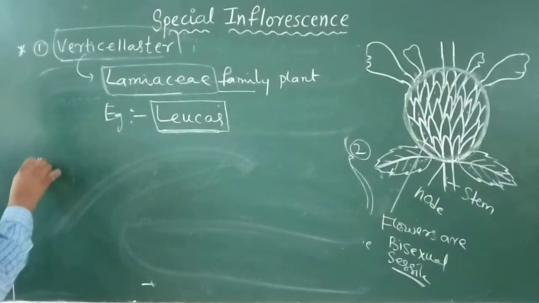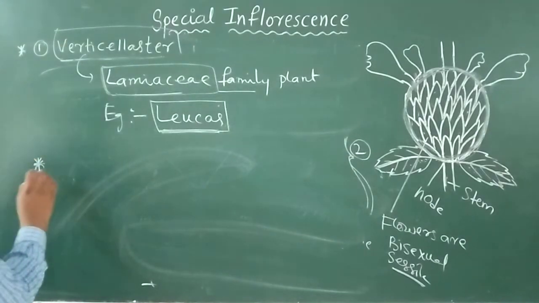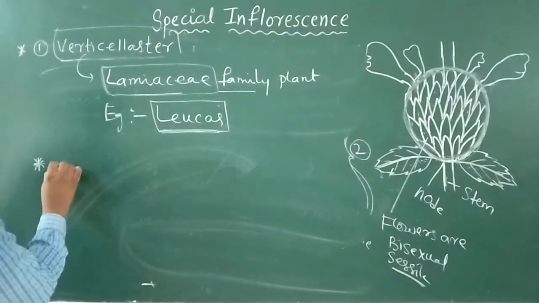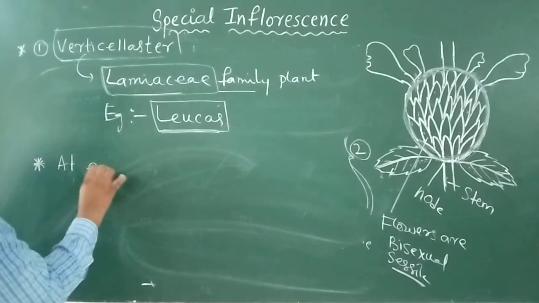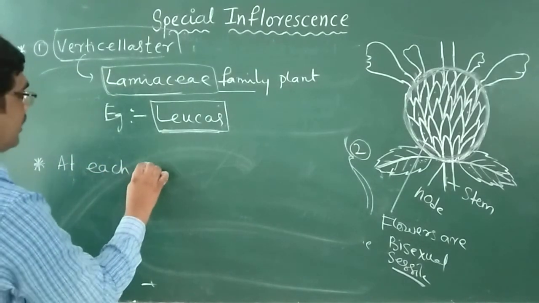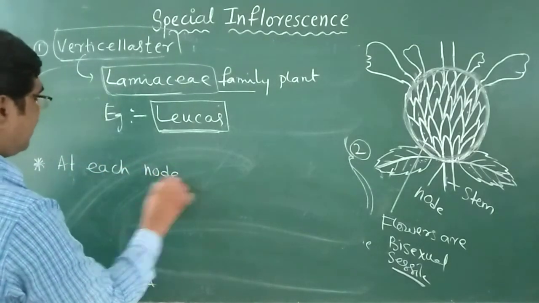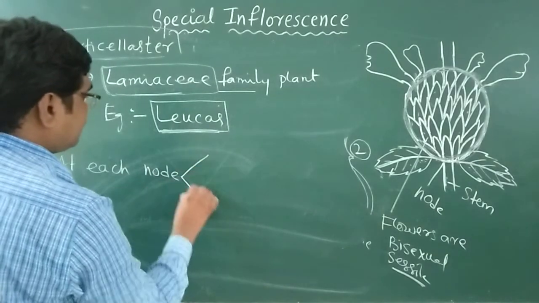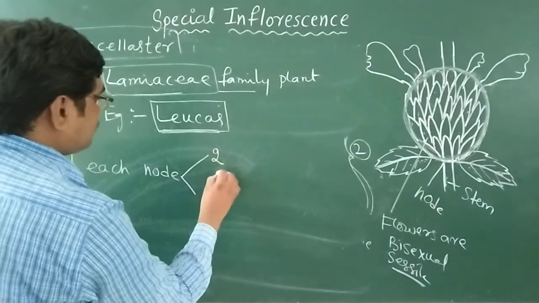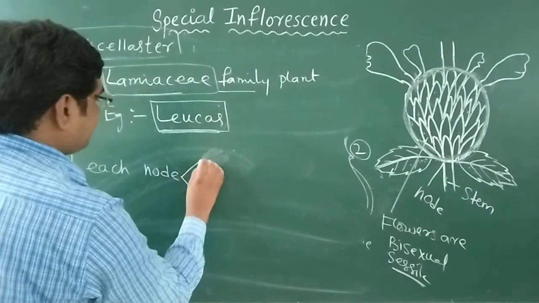See here, in this verticillaster the most important concept is that at each node there are two dicasial cymes.